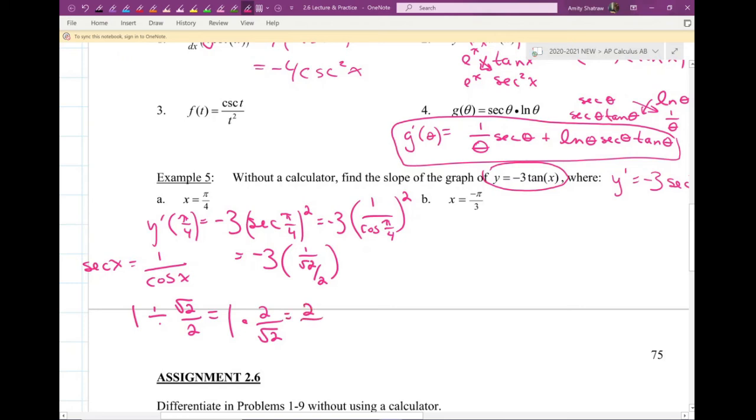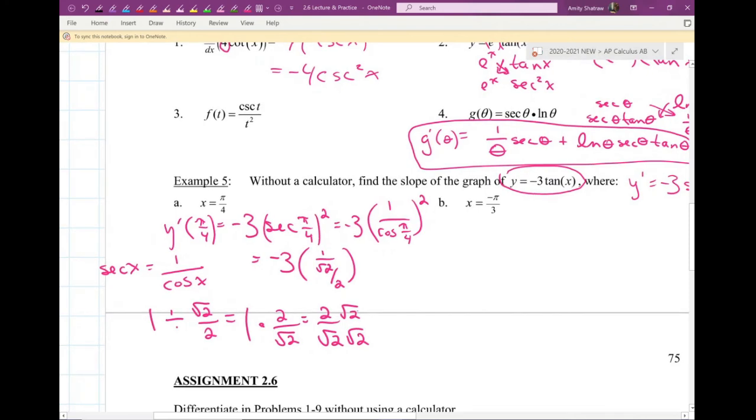We end up with a 2 over the square root of 2, but because of the rationalizing the denominator rule, I rationalize that, and I end up with a 2 over the square root of 2 over, well, the square root of 2 times the square root of 2, I end up with a 2, right? Because I get the square root of 4, and the square root of 4 is a 2. So many 2's. And these 2's cancel out, and I end up with square root of 2 as a final answer. So that's how I would go about doing this.